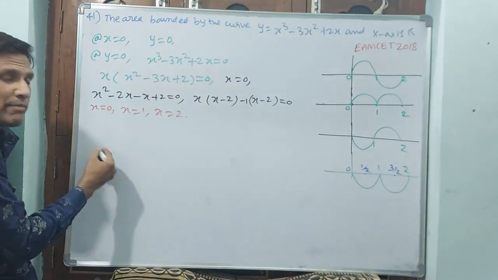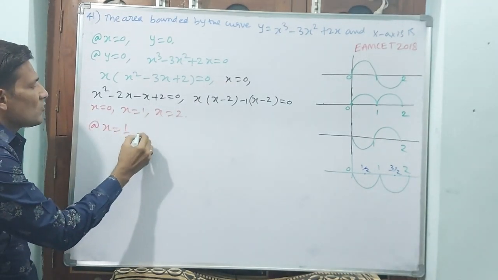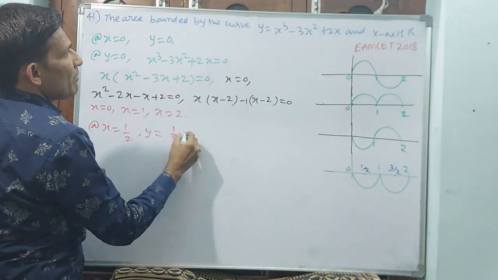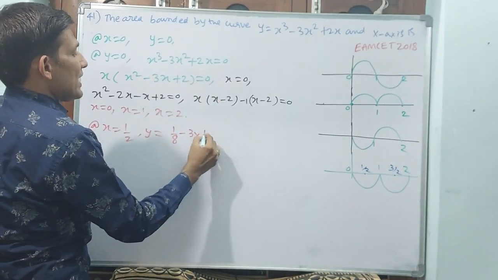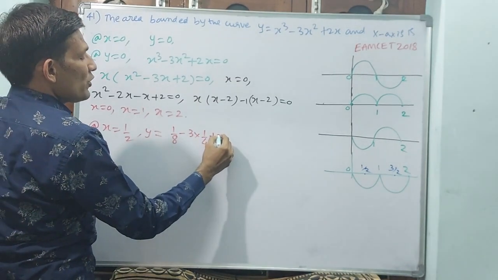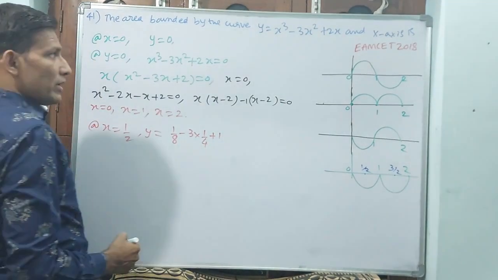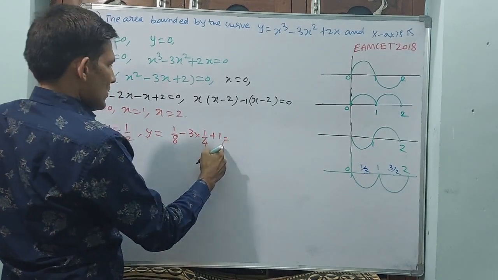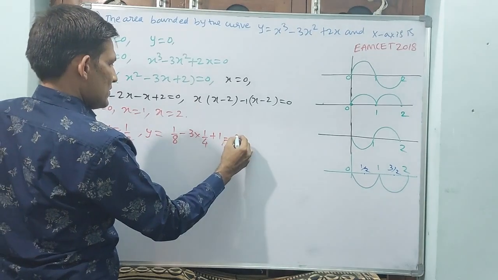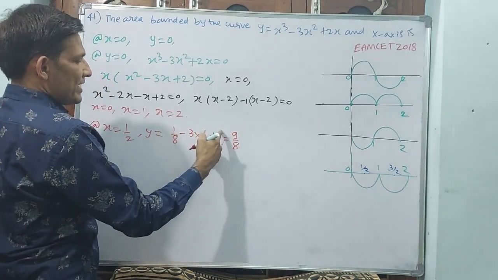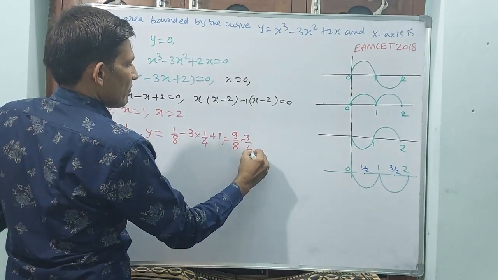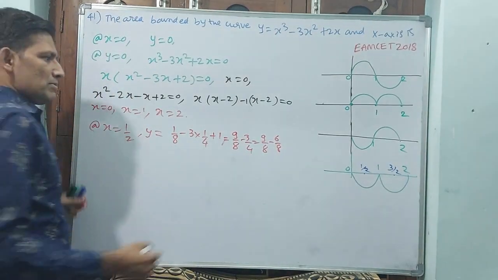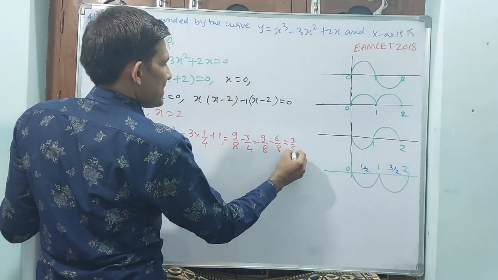Now you see at x is equal to 1 by 2, y is equal to 1 by 2 cube, which is 1 by 8, minus 3 into 1 by 2 square, which is 3 by 4, plus 2 into 1 by 2, which is 1. Now 1 plus 1 by 8 is 9 by 8, minus 3 by 4, or else 9 by 8 minus 6 by 8, that means 3 by 8.